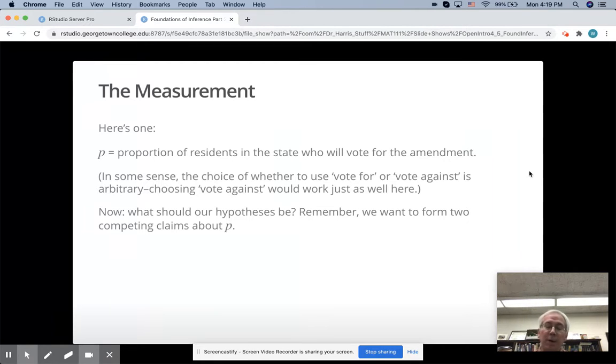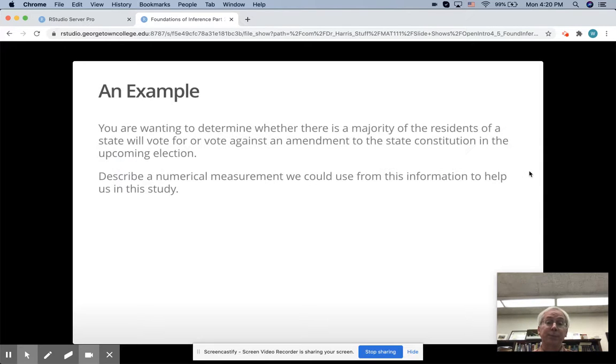Now, the choice of vote for was a little bit arbitrary. We could have just as well put vote against here, but we'll be sort of positive about this. What's the proportion that plan to vote for the amendment? Okay, so the next thing we want to do is form hypotheses. Let's go back and think about our question.